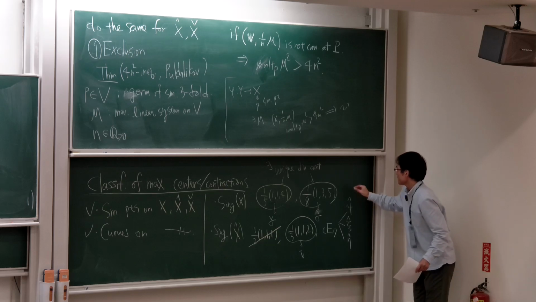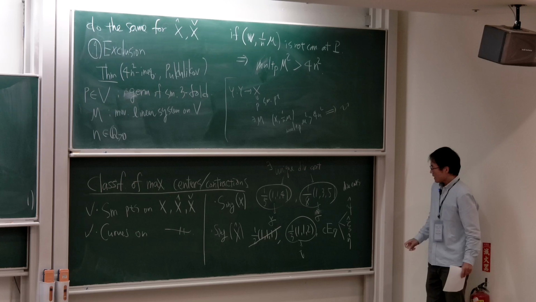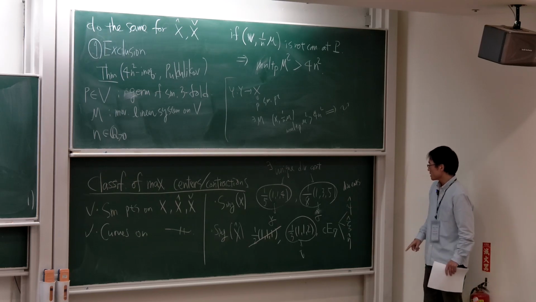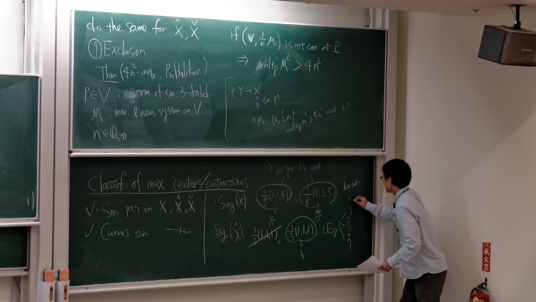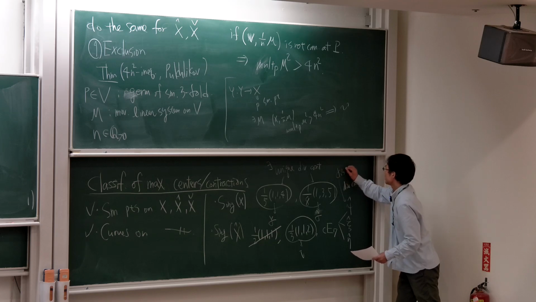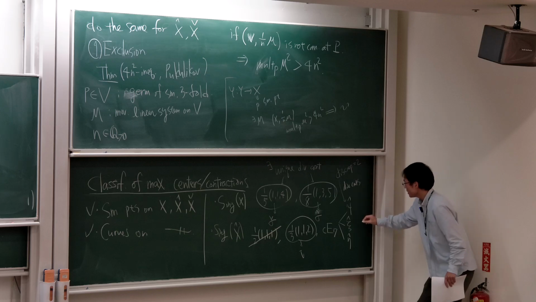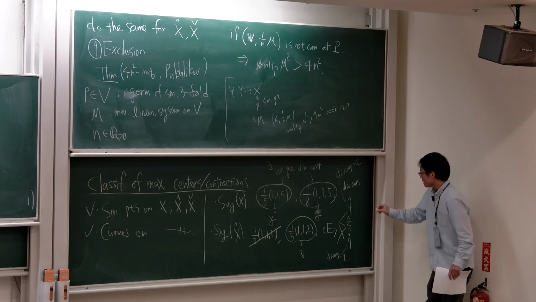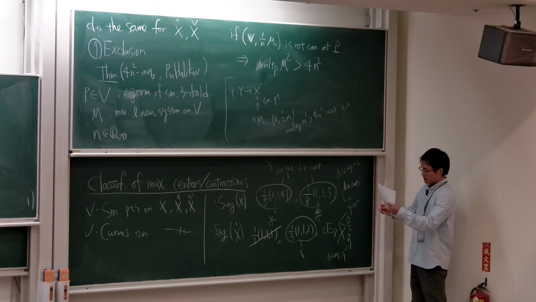I don't have time to explain the details of these contractions, but anyway, this one is a divisorial contraction of discrepancy 2, and the other two are discrepancy 1.